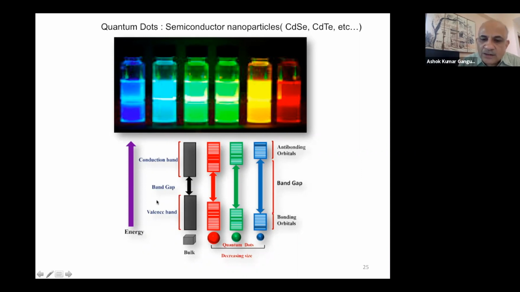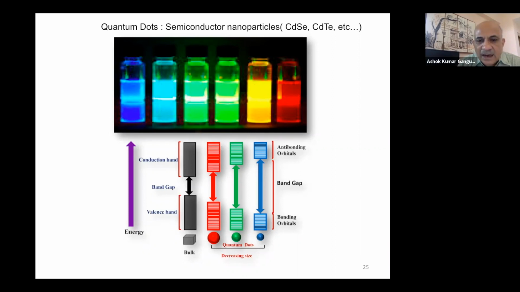And so in a solid, we call a valence band made from the highest occupied molecular orbitals. These are actually also called HOMO in chemistry. Those orbitals combine to become the valence band in a semiconducting solid.